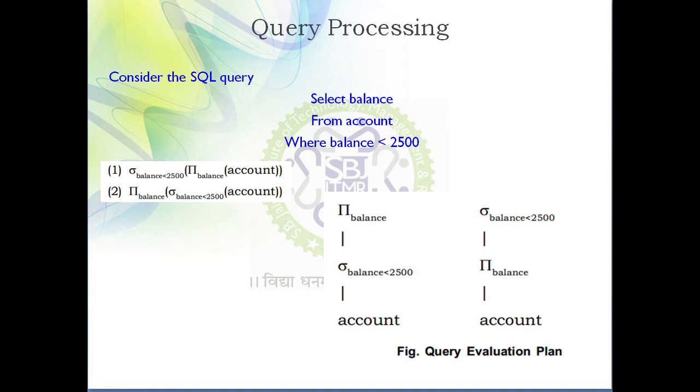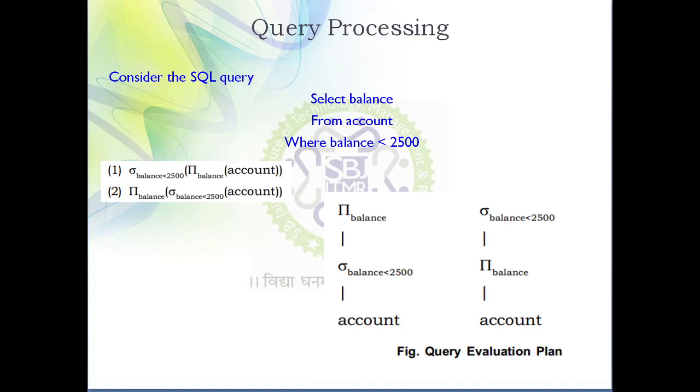Now let's take an example. In my account table, a total of 10,000 rows are there, and here what condition are we checking? Balance should be less than 2500. Out of these 10,000 accounts, there are only 500 accounts whose balance is less than 2500.